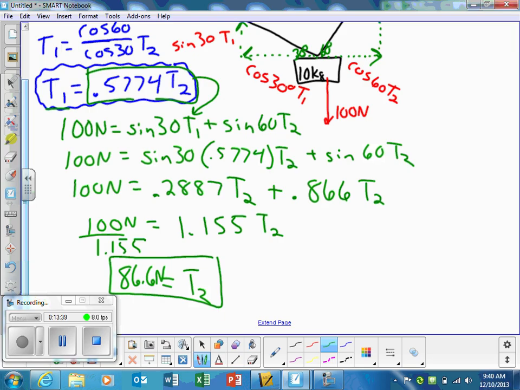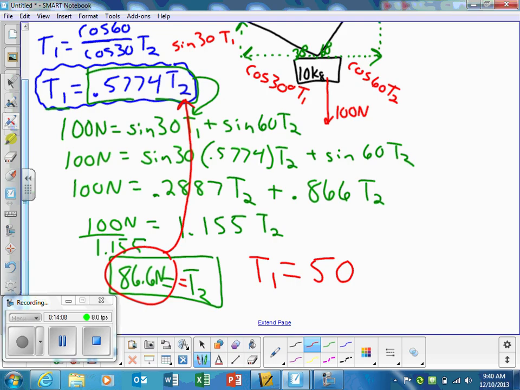Because we have this nice definition up here, we can just take this number here, since it's equal to T2, and plug it in right there. So T1 then is equal to 0.5774 times 86.6, and we get, what? 50 exactly?